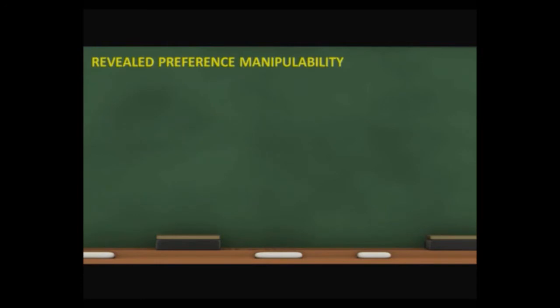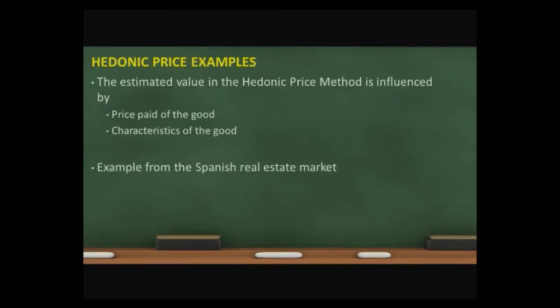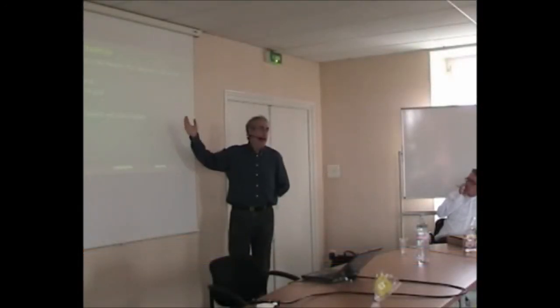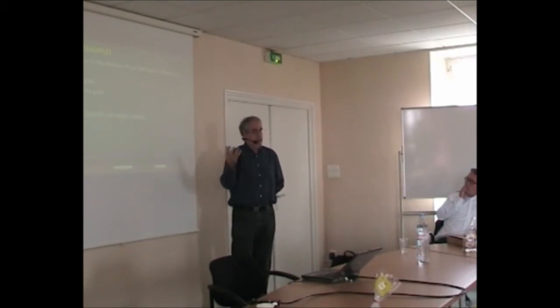So let's start with the revealed preference area, and then we move to the social choice. Hedonic pricing, we know that it could be influenced if it's stated somewhere.